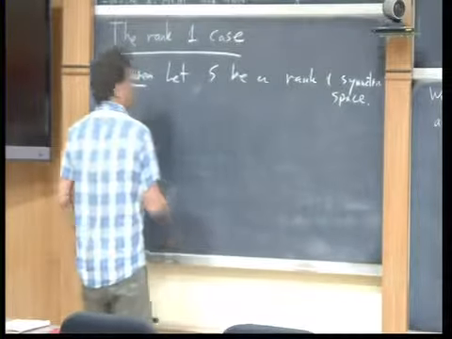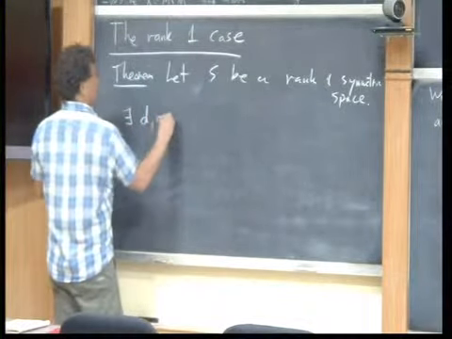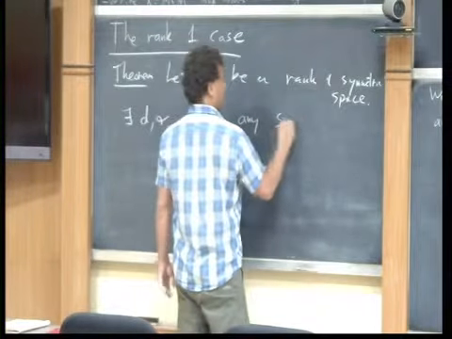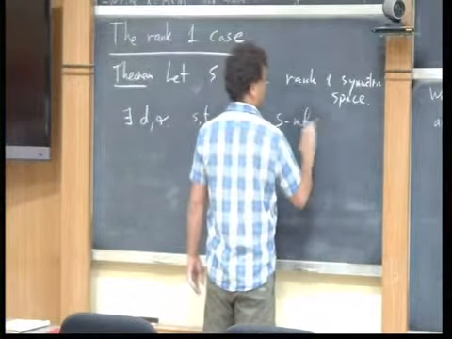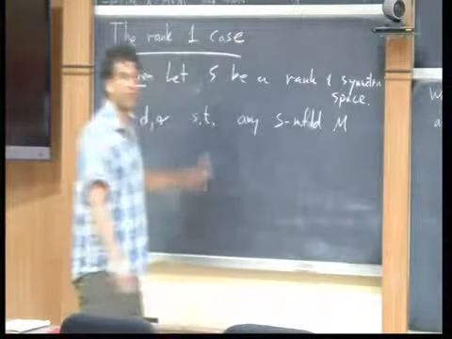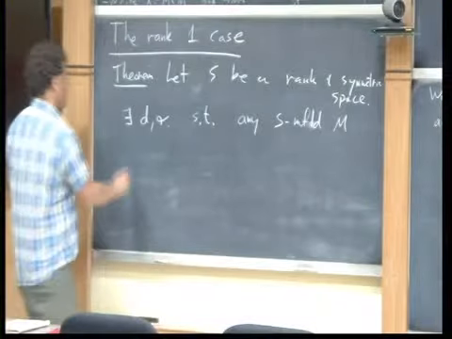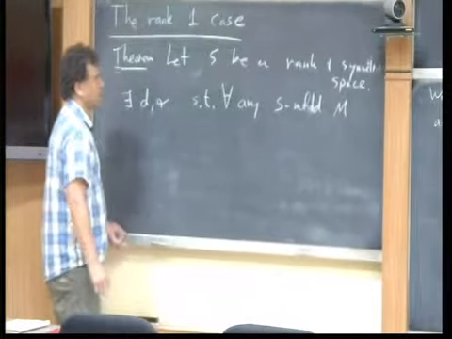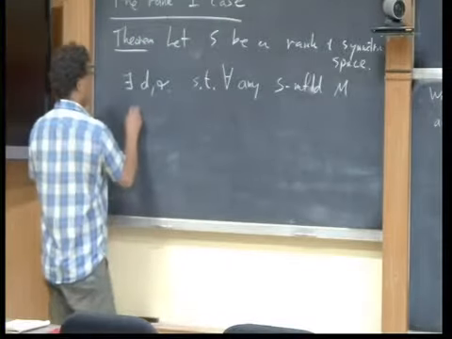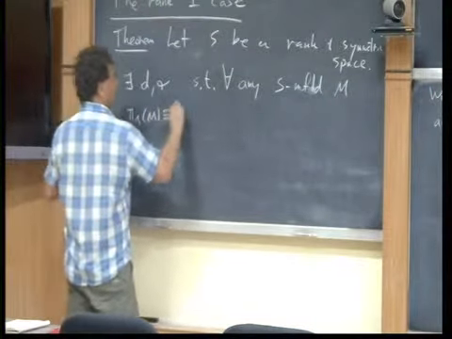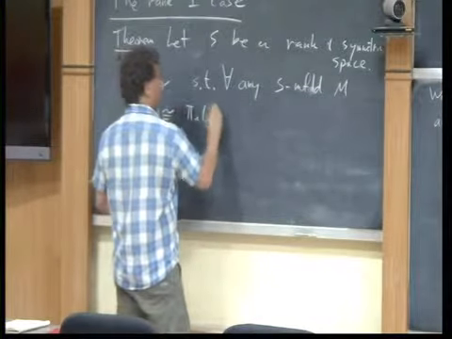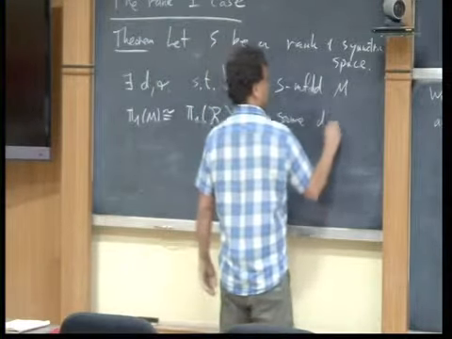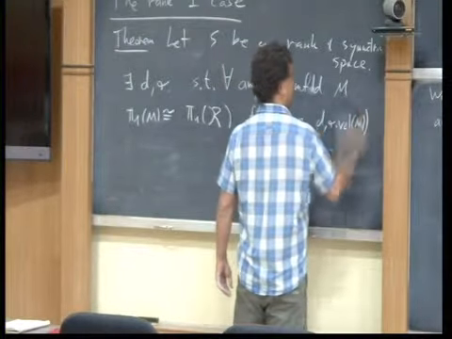Then there exist D and alpha such that any S manifold, not just arithmetic, non-uniform, is such that for any S manifold M, the fundamental group of M is isomorphic to the fundamental group of some D alpha volume M simplicial complex R.